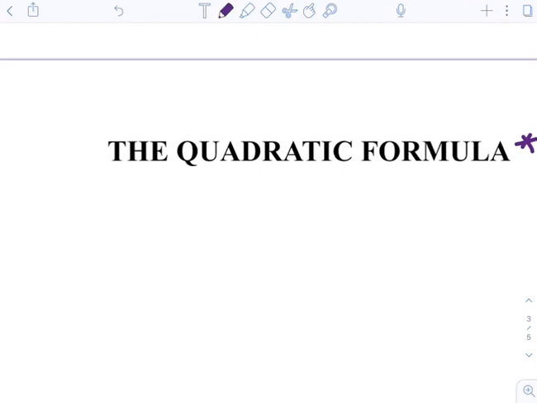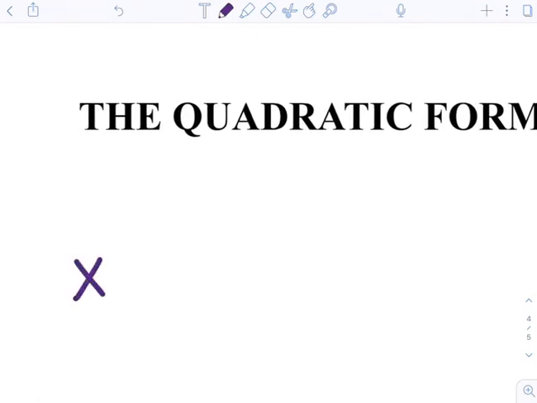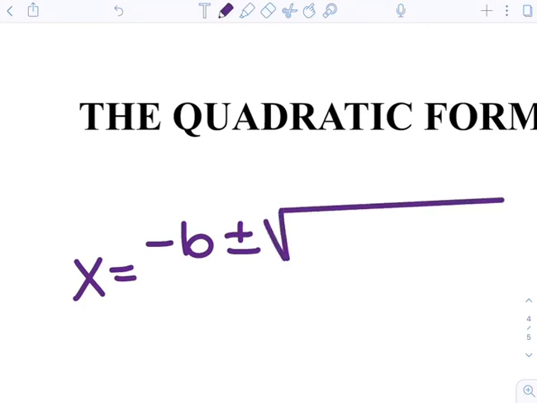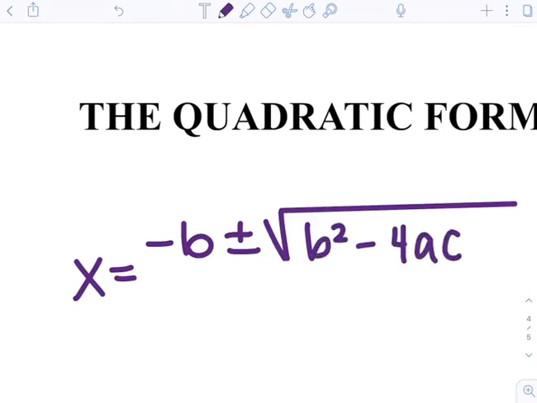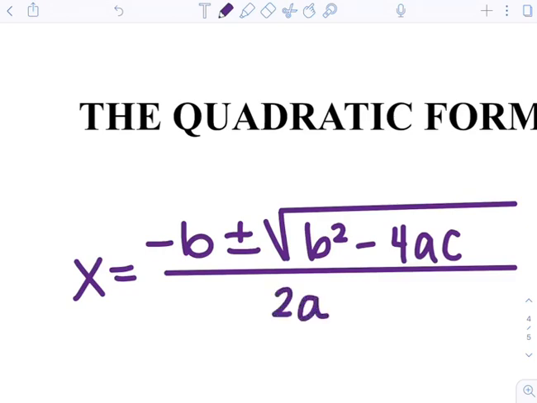Okay, so the quadratic formula, to solve for x, we're going to use the opposite of b, so a negative just means opposite, plus or minus, so my two answers are coming from the plus or minus, the square root of b squared minus 4ac all over 2a.